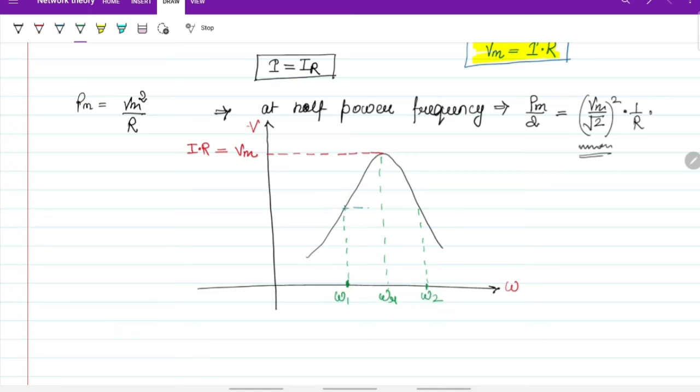So at this frequency we get half power. It means the voltage at this frequency should be equal to Vm by root 2. So omega 1 and omega 2 are the half power frequencies, and omega r is the resonance frequency.